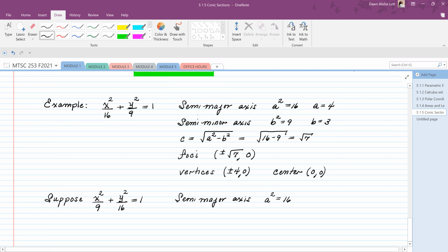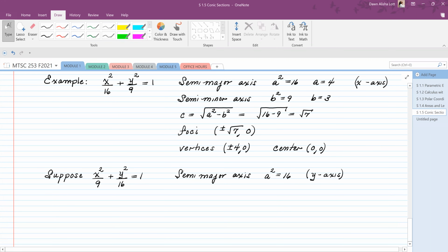But now here, the major axis was the x-axis. This one is going to be the y-axis. So all the important stuff is going to be on the y-axis, not the x-axis. So the semi-minor axis says b squared has to be 9. So that's going to be the x-axis.